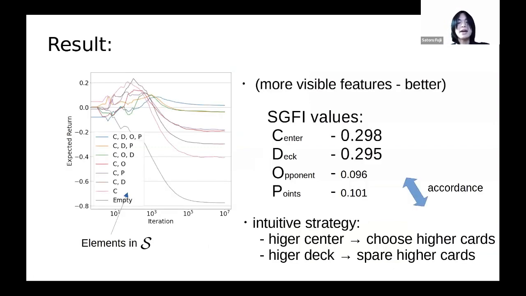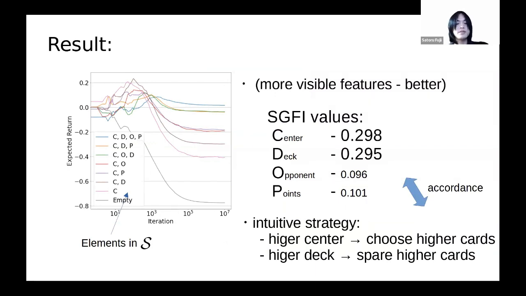This is the result. The graph on the left shows the convergence of the expected returns in MCCFR iterations for some feature subsets. Legends show the elements in the set of visible features. Only the final, resulting value is used for SGFI calculation. Well, it can be seen that using more visible features yields better expected returns.